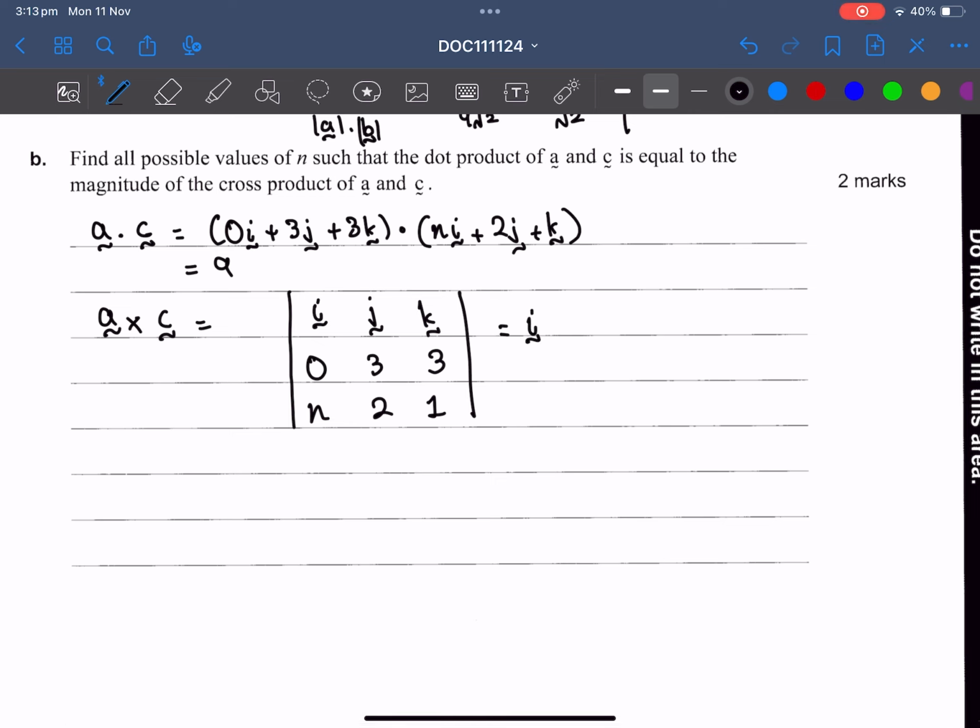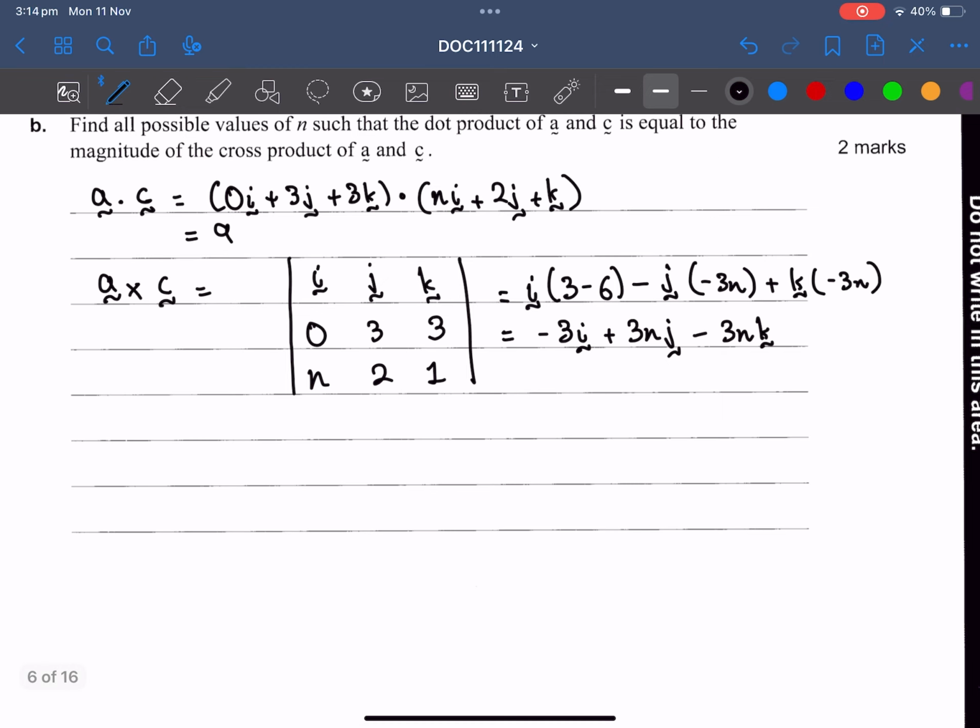So that would equal i times 3 times 1 minus 2 times 3, so 6, minus j times 0 times 1, which is 0, minus 3 times n, so minus 3n, plus k times 0 times 2, which is 0, minus 3n. So simplifying this, we'll get minus 3i plus 3nj minus 3nk.